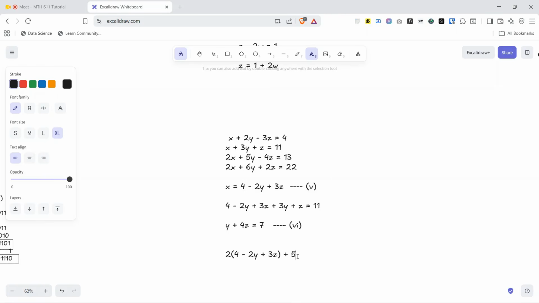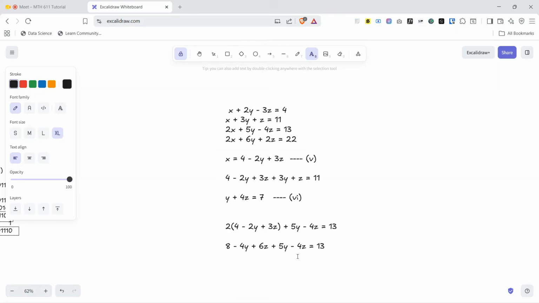So this would be 8 minus 4y plus 6z plus 5y minus 4z equals 13.